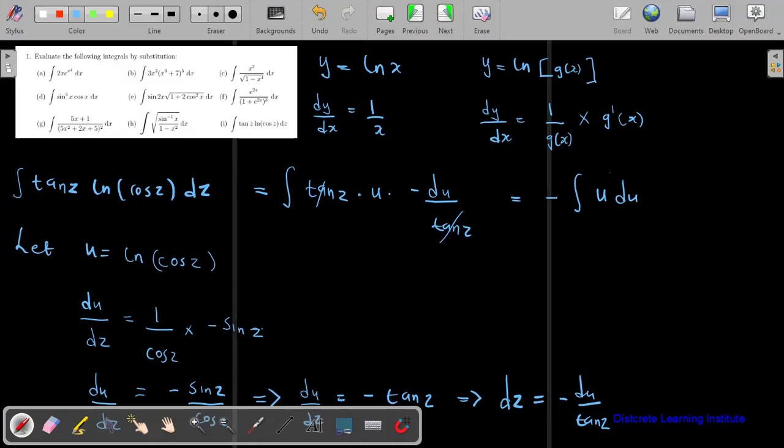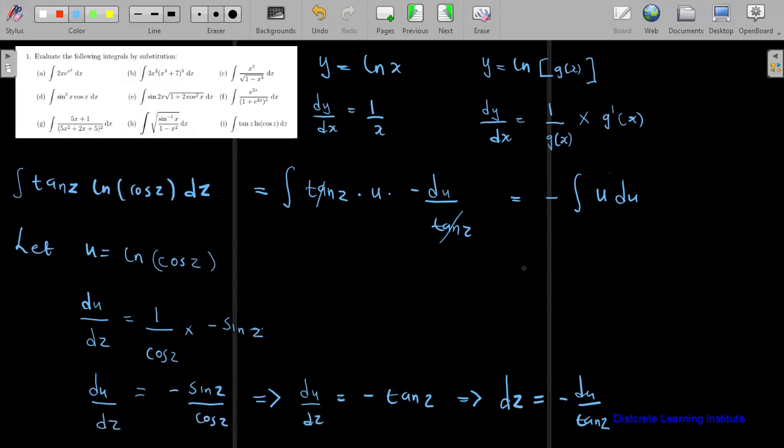From that complicated looking integral, by using your substitutions, you have that. This will now be equal to negative, the integral of u, which is u to the power 2 over 2, plus c.